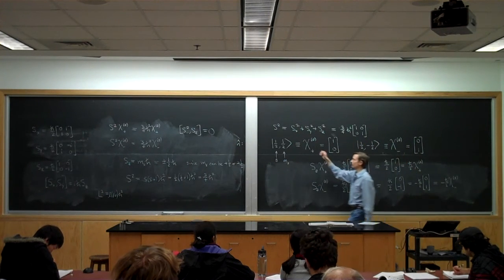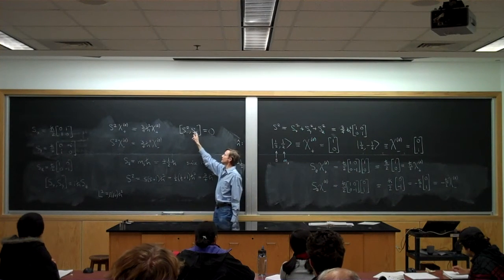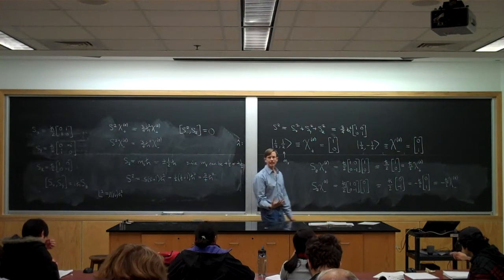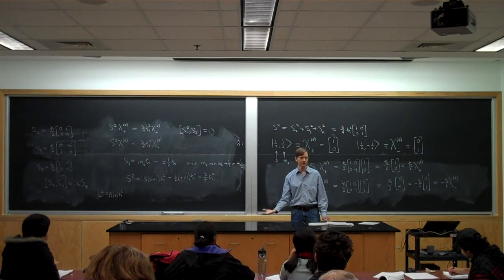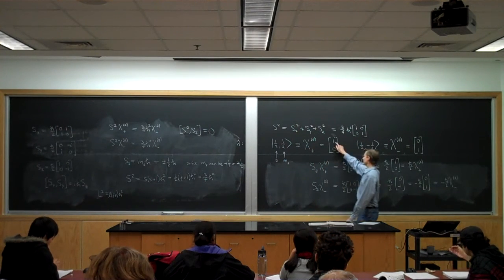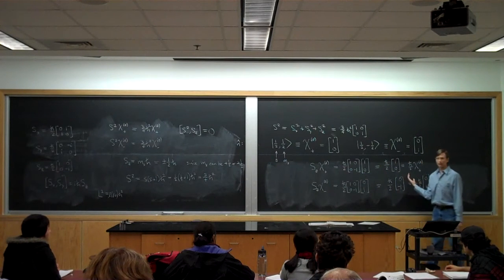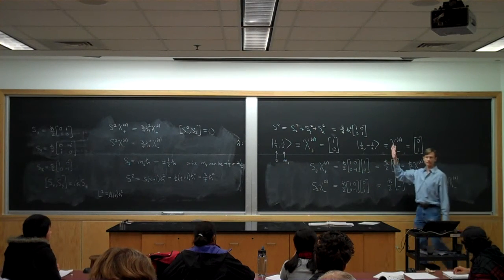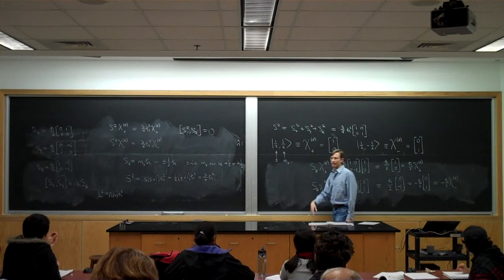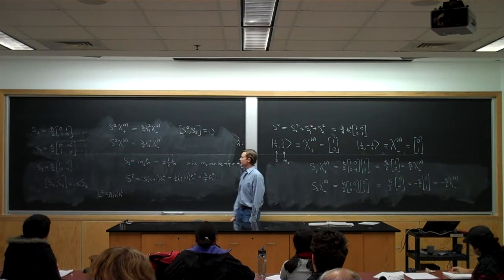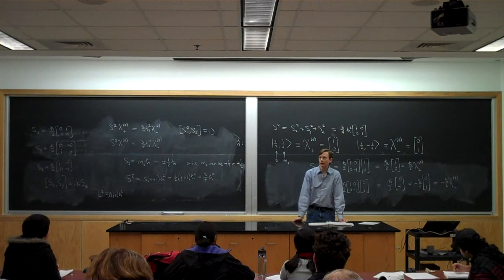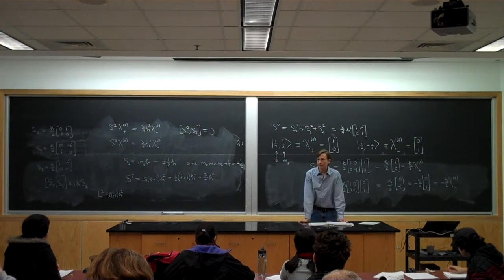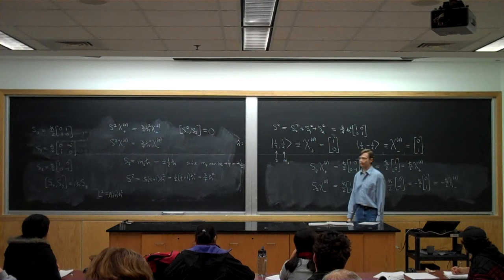So s squared certainly commutes with s sub z, and that means you can find states which are simultaneously eigenvectors of both operators. And in fact, we have found those states. (1, 0) and (0, 1) are simultaneously eigenvectors of the s squared operator and the sz operator, with the eigenvalues that we would expect, plus or minus half h bar for s sub z, and 3/4 h bar squared for s squared.